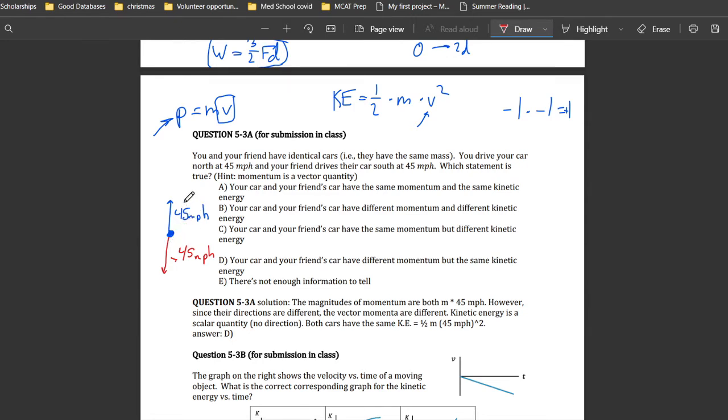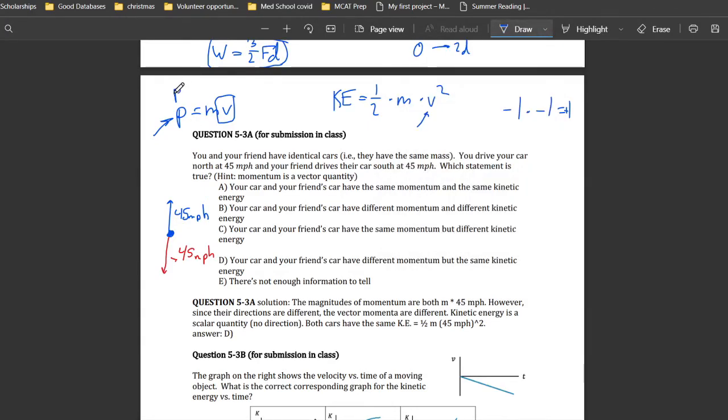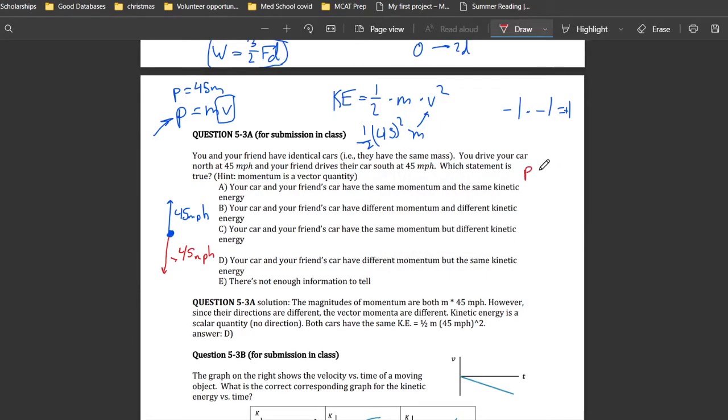So when you plug each of these into the momentum and the kinetic energy equation, your momentum, I'm going to bring it back to blue, is P equals 45m, and your kinetic energy is equal to 1/2 45 squared times m, whereas your friend, which I will go back to red for, the momentum is equal to negative 45m, but the kinetic energy, when squared, the negative times the negative, you get a positive value, is still 1/2 45 squared m.